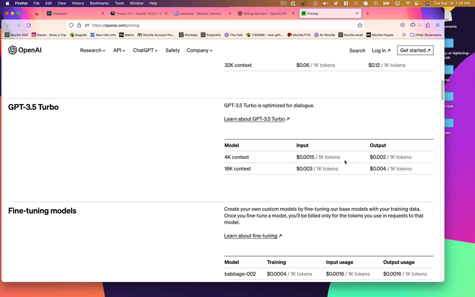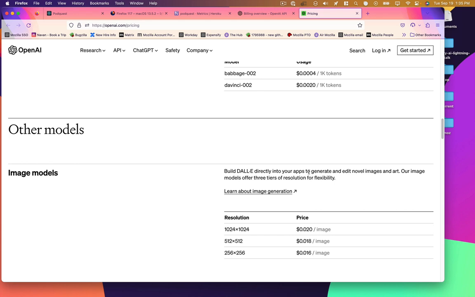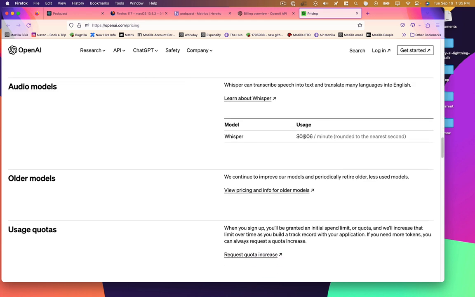And it looks like you're being charged 0.002 cents per 1,000 tokens of output. Slightly less for input, which is our context again. And then for Whisper, they charge 0.006 cents per minute. So roughly 3 times as much, and per minute versus per 1,000 tokens.